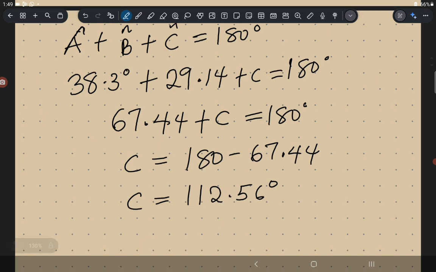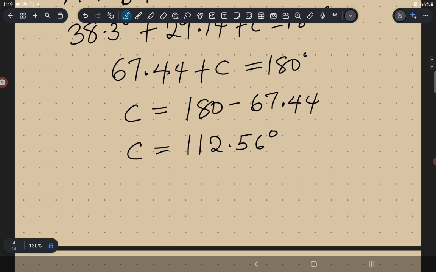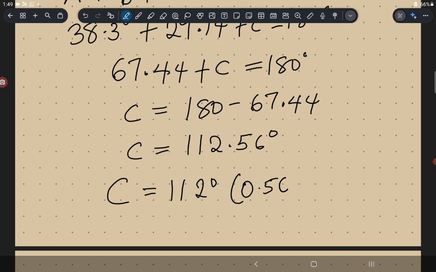So you still need to convert it to minutes, telling you that C is equal to 112 degrees, and 0.56 multiplied by 60, so we have C is equal to 112 degrees 34 minutes.